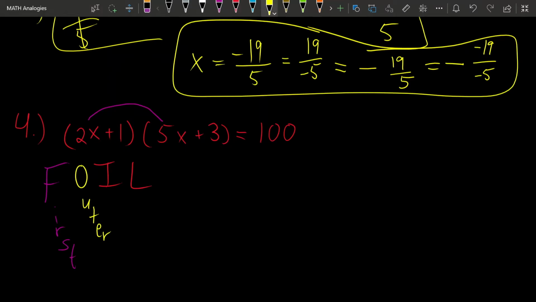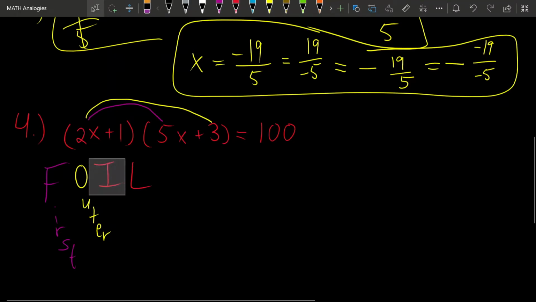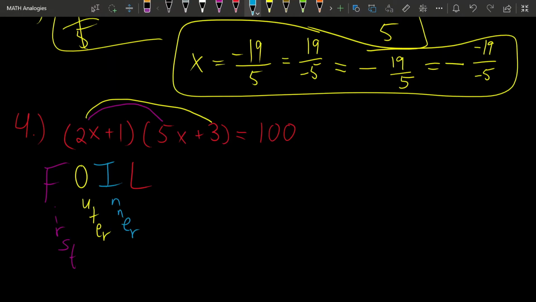So these two are on the outside. If we do the outer, we want to do the inner, which would be these two on the inside. And lastly, we want to do last, which would be, here's the last one, and then here's the last one.